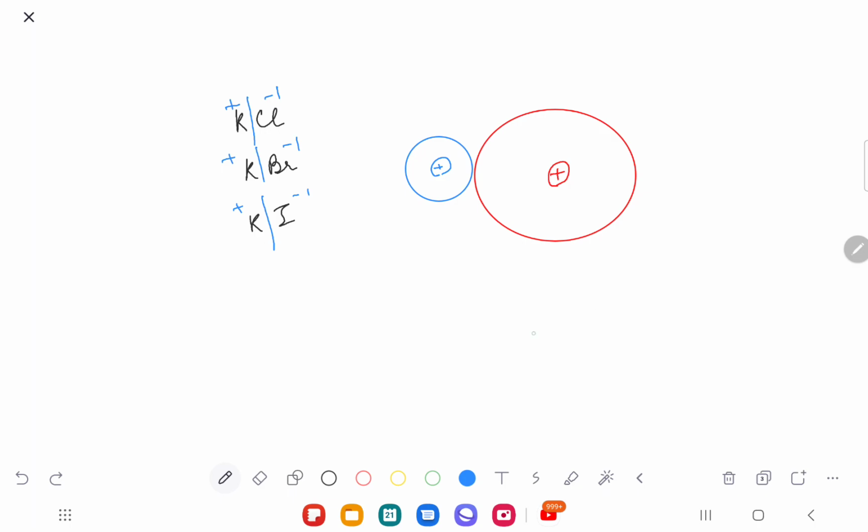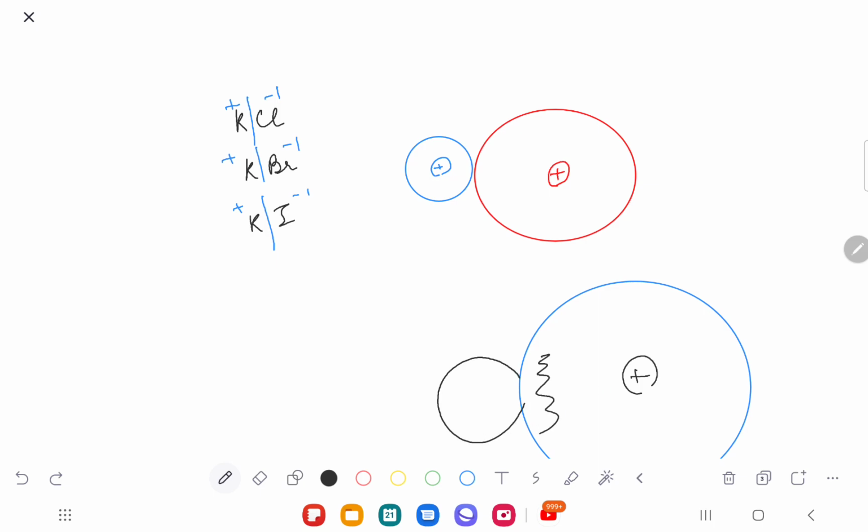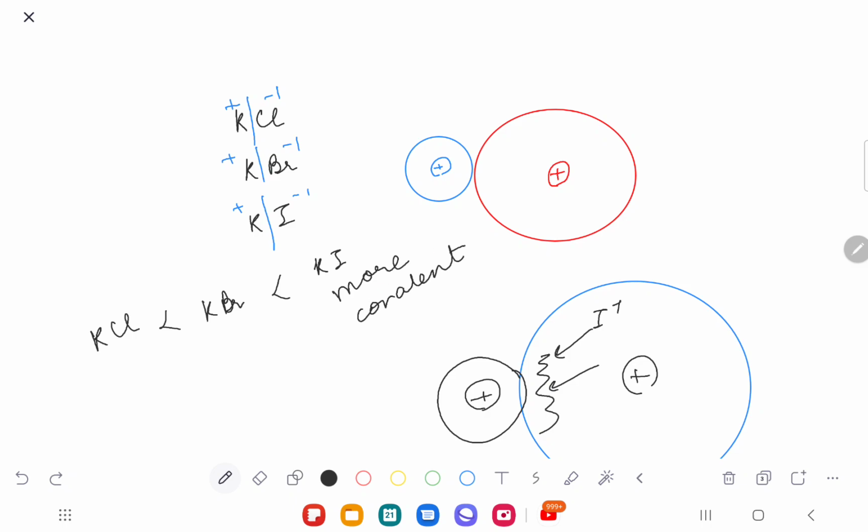Exactly. So whose electrons would be possible for us to bring in the center? Iodine. So if I'm bringing the electrons of iodine exactly in the center, do you understand that potassium is capable of pulling the iodine's electrons more in the center? So out of KCl, KBr and KI, obviously all of them are bonds between cation and anion, but KI would be more covalent than KBr and than KCl.